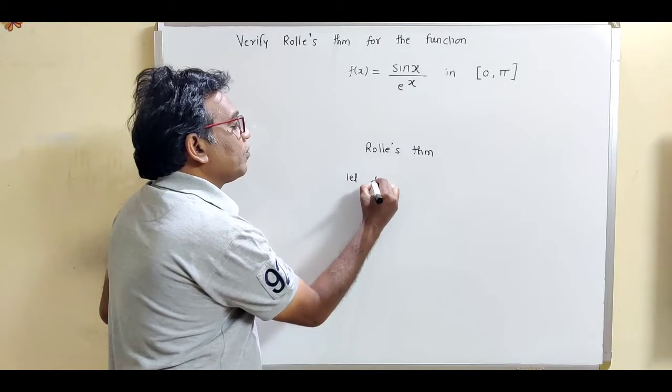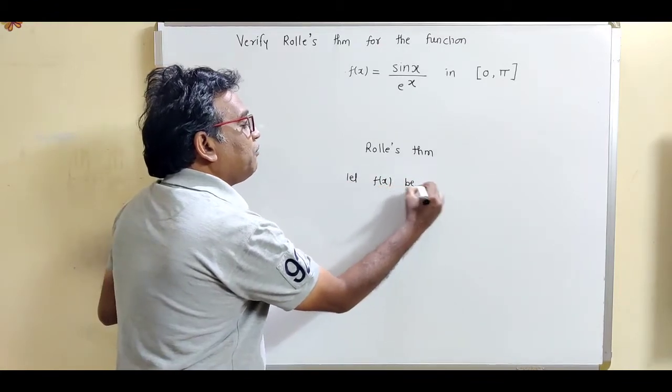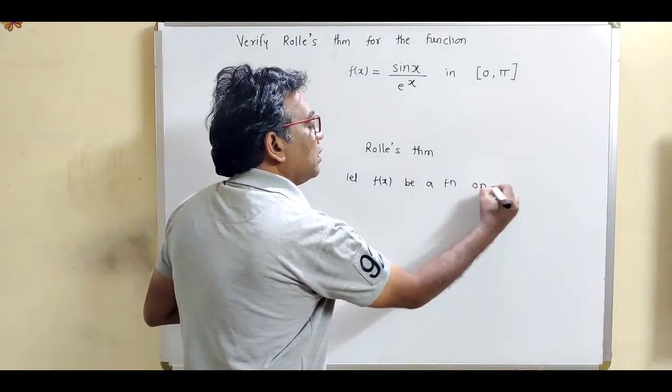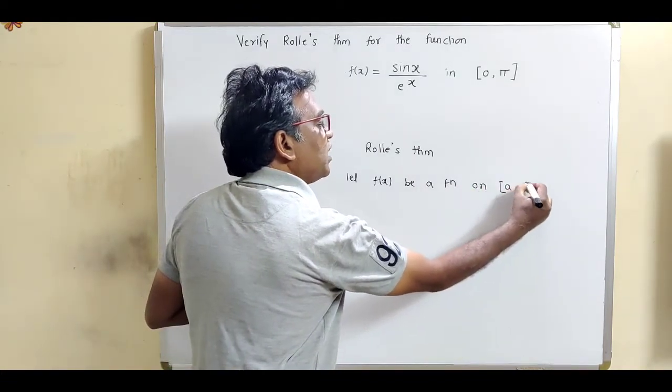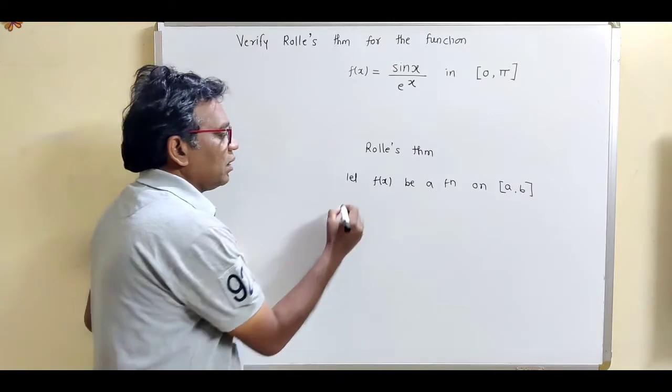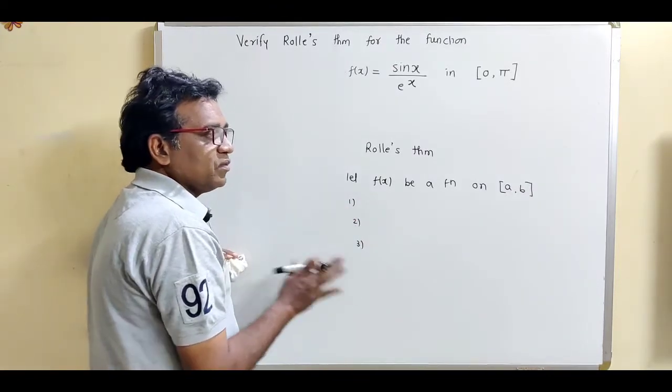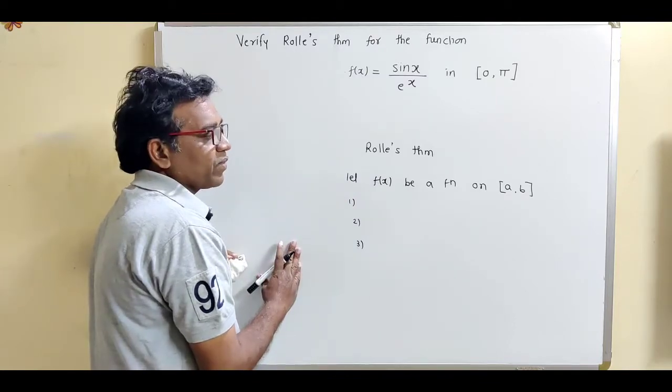Let f(x) be a function defined on closed interval [a, b] having these three conditions. See what is the statement of Rolle's theorem.